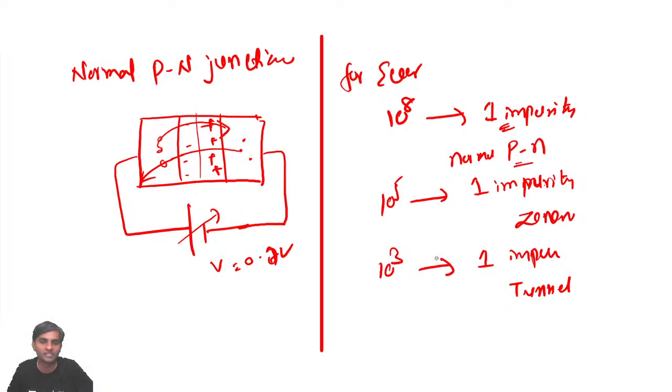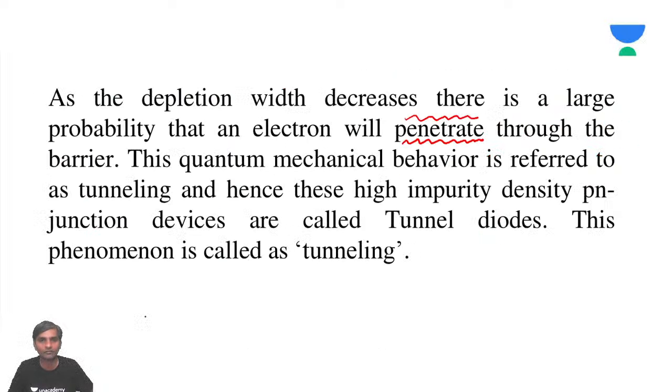So as the doping increases, the width is decreasing. Did you get the point? Okay. So as you keep on increasing the concentration, the carriers will not wait for the potential barrier to come down. What they will do is try to penetrate through it. That phenomenon is called tunneling.